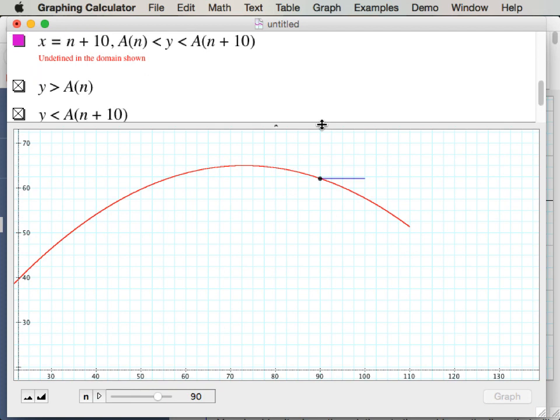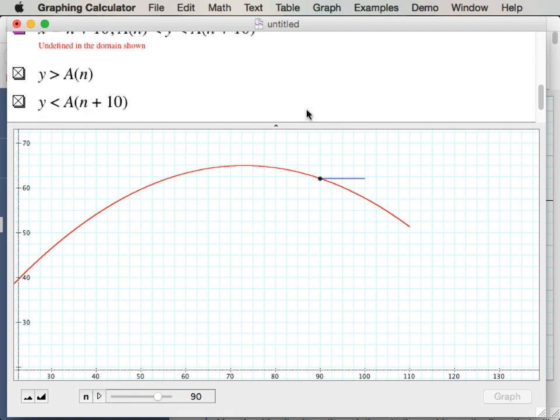So I want you to talk for a minute. When I turn that on, what's going to happen in the graph? What do you think is going to happen when I turn on y is greater than a of n? Go talk about it.